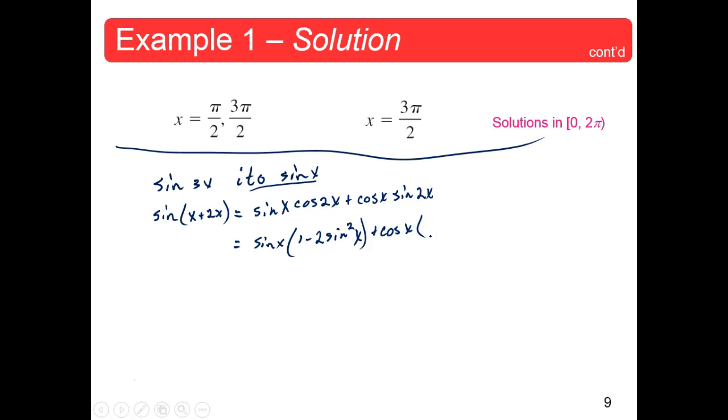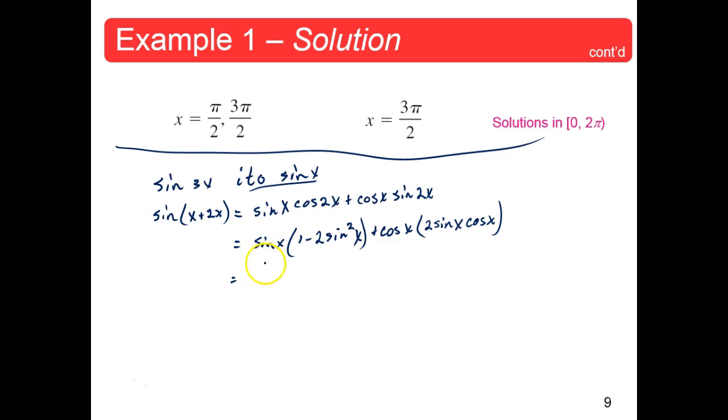And what is sine 2x? You can do it. Go back and see. Sine 2x is 2 sine x cosine x. Perfect. Now, I may have chosen poorly here, but let's see what we got.